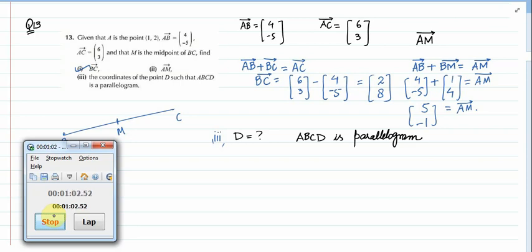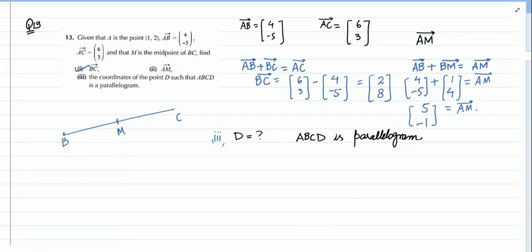Done? Or you still need more time? Alright. Now first thing, I will find the coordinates of B, right? And how will I do that?